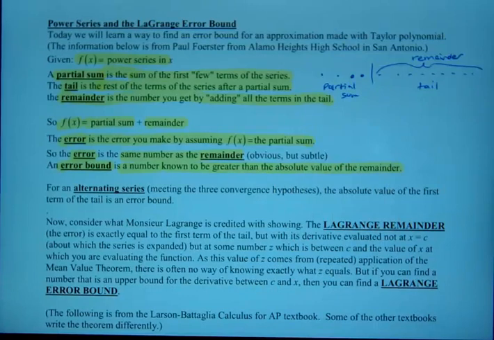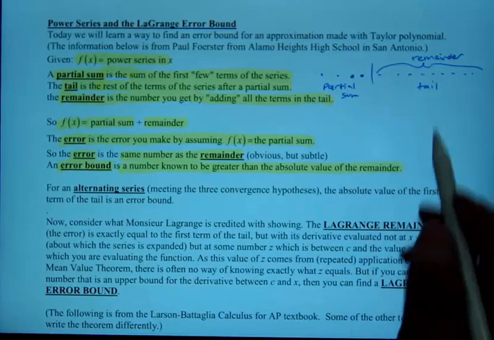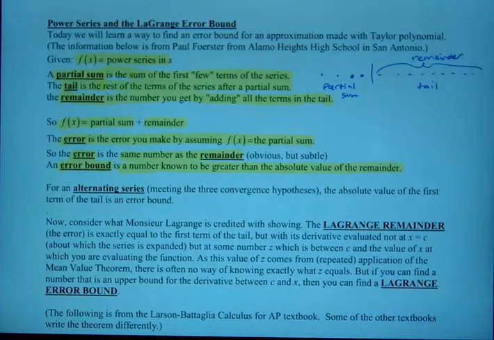Now, that's kind of confusing. What I'm saying is, because this remainder part is infinite, there is no way I can add them all up. I can't. But I can find an estimate that I know is going to be bigger than the absolute value of all those numbers. And that's called the error bound. And that's what we're going to find.